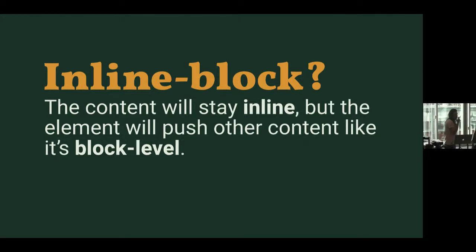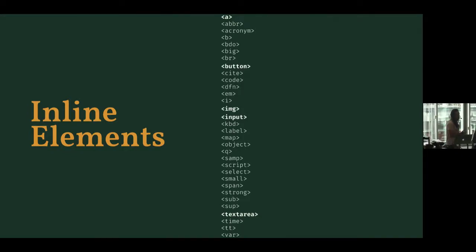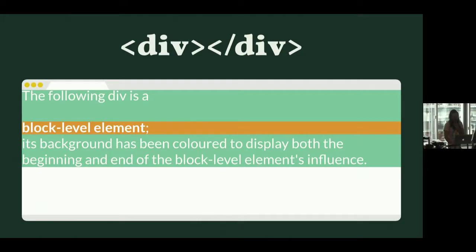So the third thing that came around a little bit later is another big difference between the block level and the inline elements: the size of it based on the content.